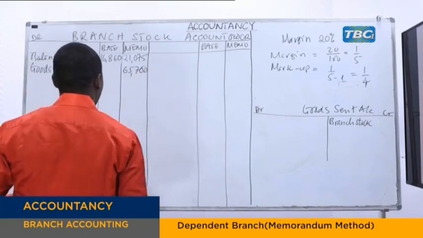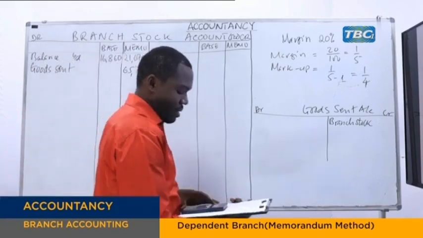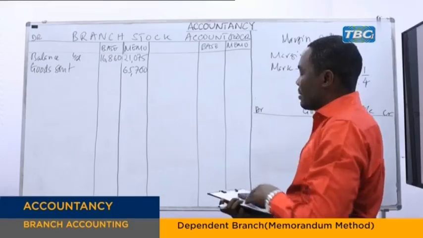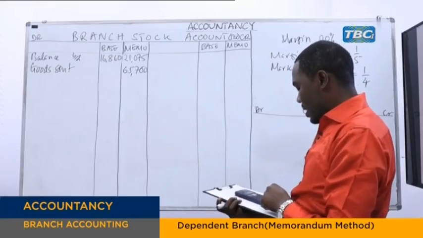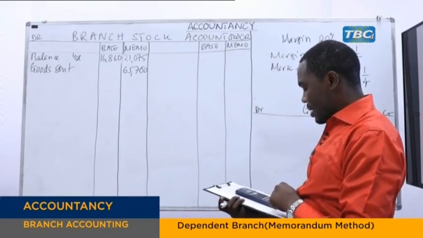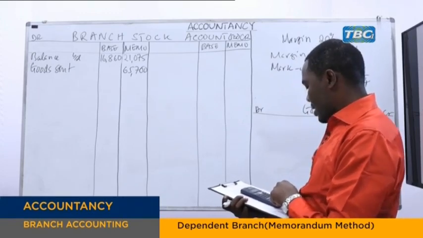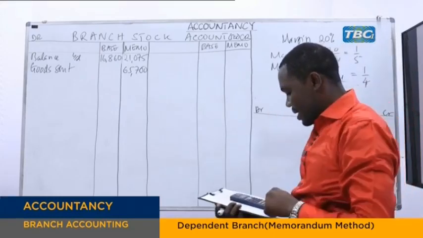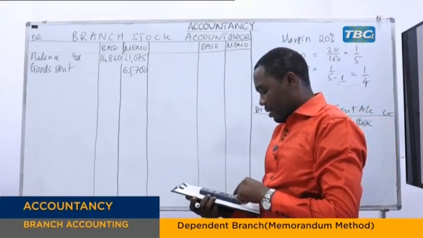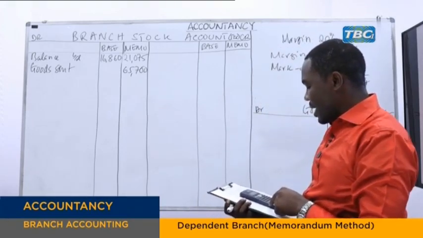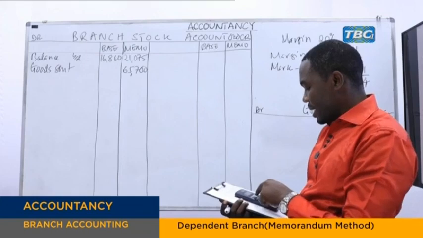65,700. So we need to compute the cost price. So change the goods sent at selling price to be at cost. Take 65,700 times the margin, that is 1 over 5. So the profit loading was 13,140.